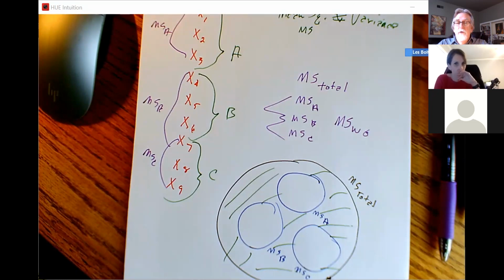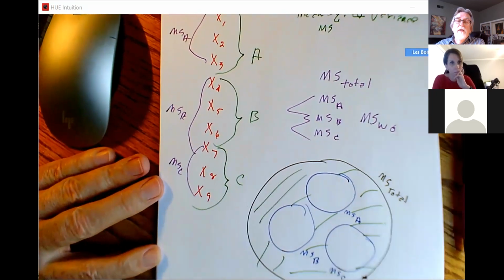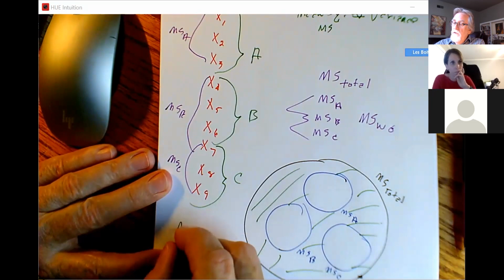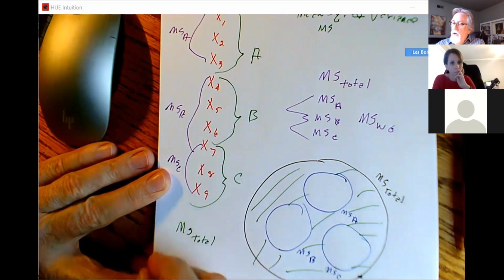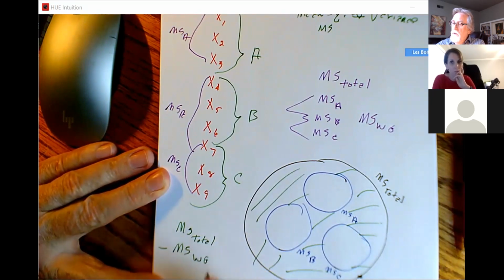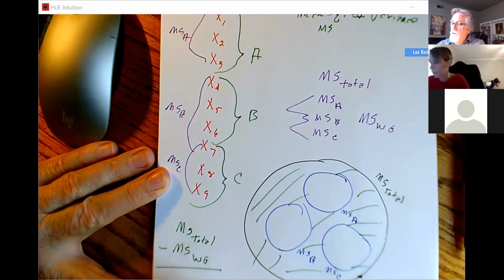We can't calculate it directly, but we can know its value, because if we take the mean squares total minus the mean squares within groups, the difference is mean squares between groups.